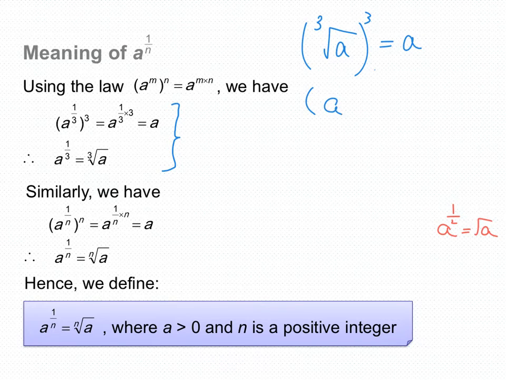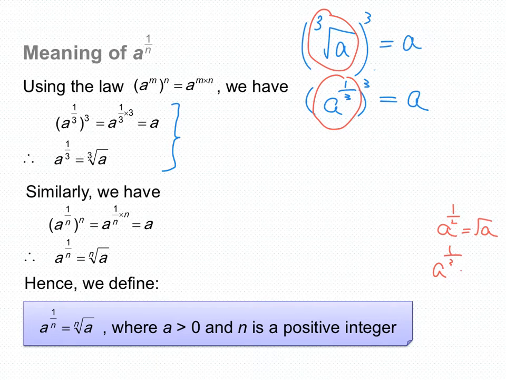For a to the power 1 over 3, to the power 3, it also equals a. So we have a similar result. These two numbers are the same. We have a to the power 1 over 3 equal to the cube root of a.